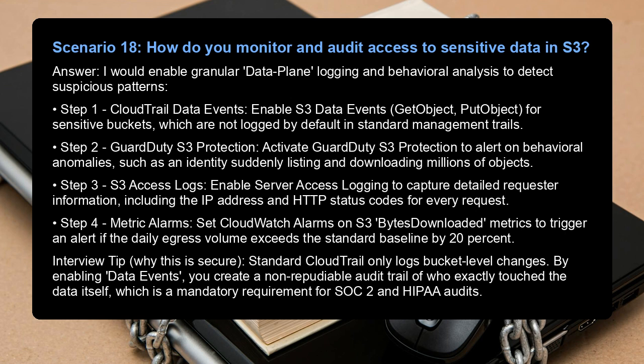Step 3. S3 access logs. Enable server access logging to capture detailed requester information, including the IP address and HTTP status codes for every request. Step 4. Metric alarms. Set CloudWatch alarms on S3 bytes downloaded metrics to trigger an alert if the daily egress volume exceeds the standard baseline by 20%.